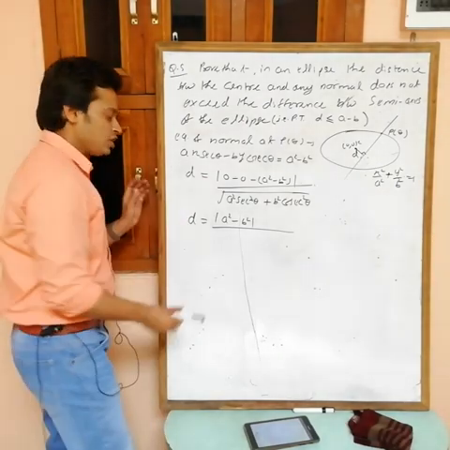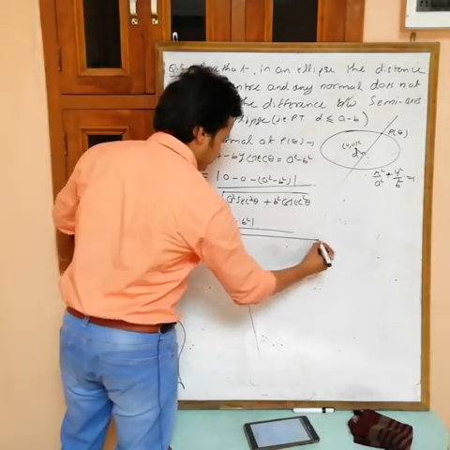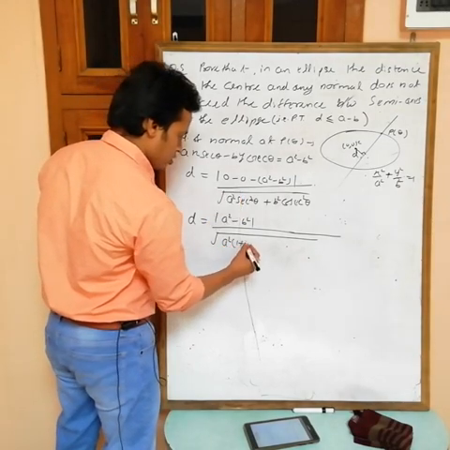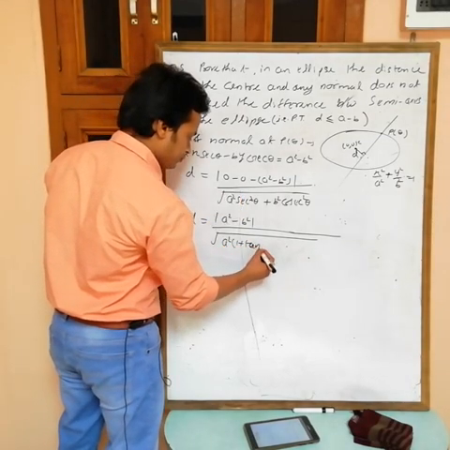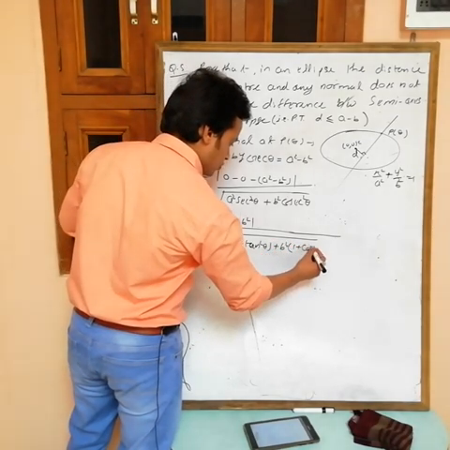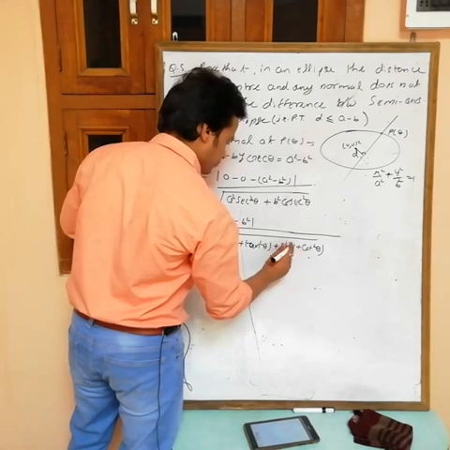Okay, so see, sec square can be written as 1 plus tan square theta, and cosec square can be written as 1 plus cot square theta.